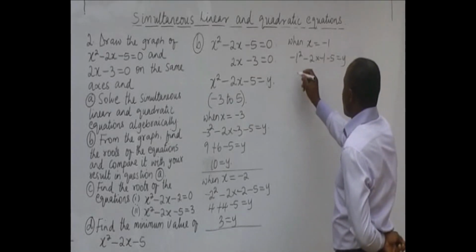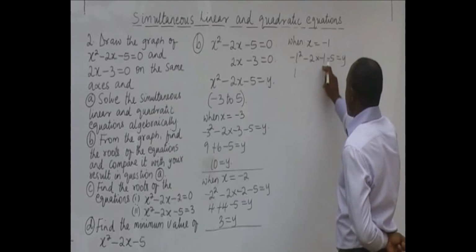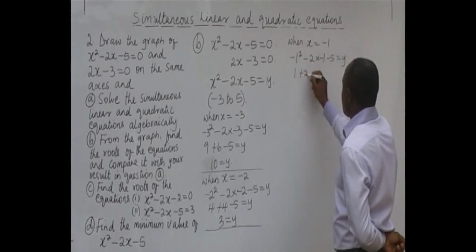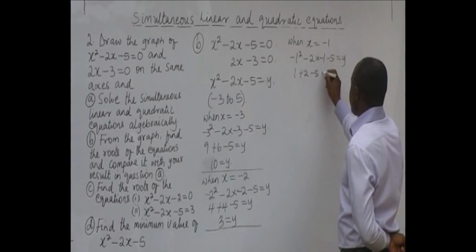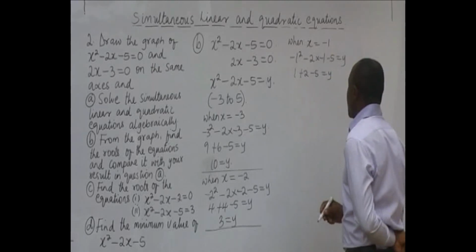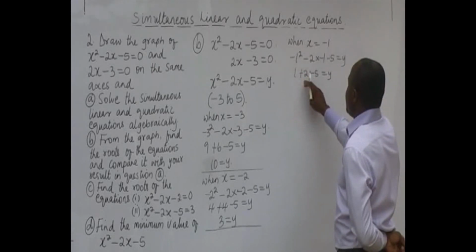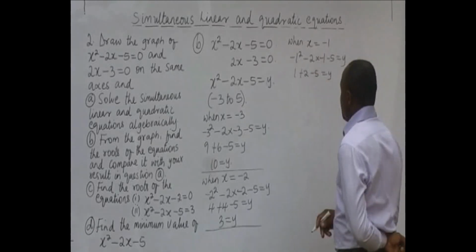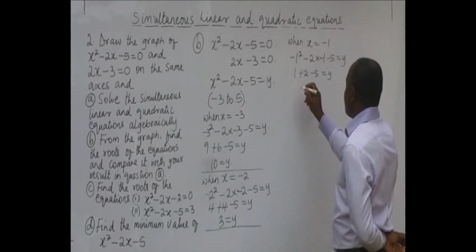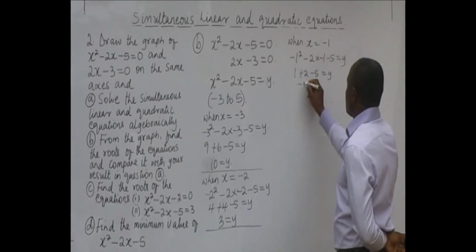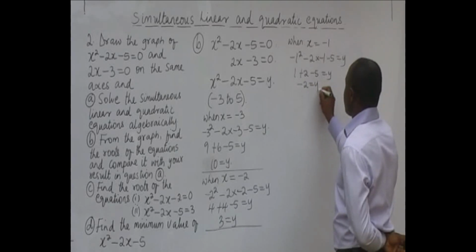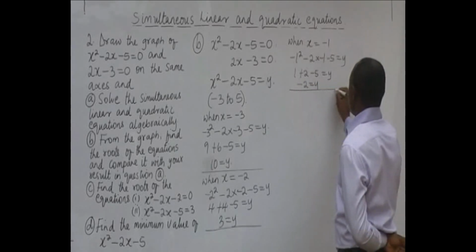Minus 1 times minus 1 will give you 1. Minus 2 times minus 1 will give you plus 2. Bring down minus 5. 1 plus 2 is 3. 3 minus 5 will give you minus 2. So the value of y here is minus 2.